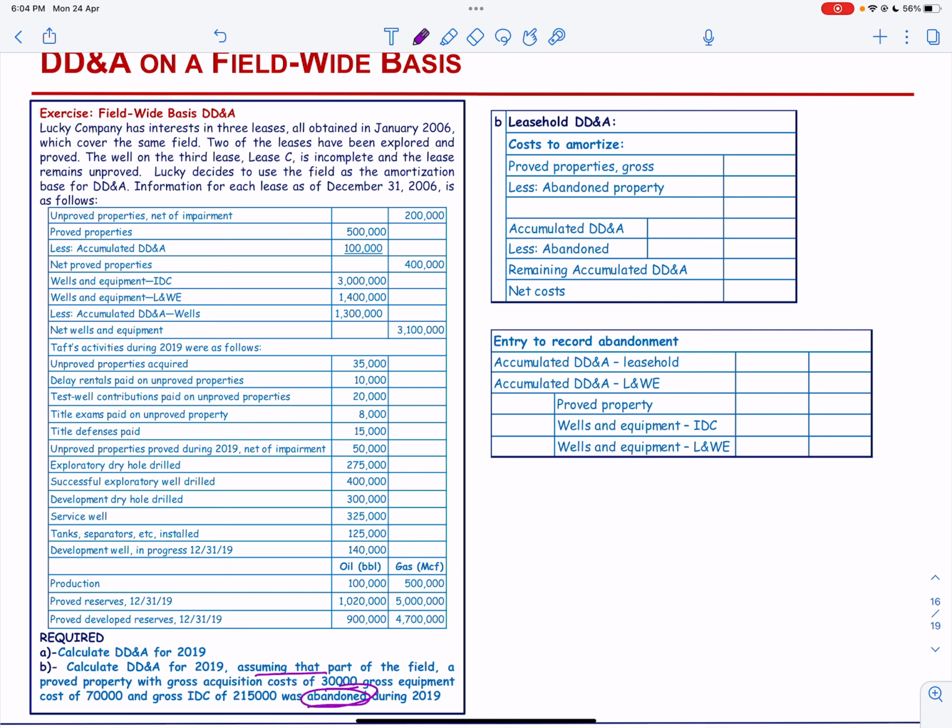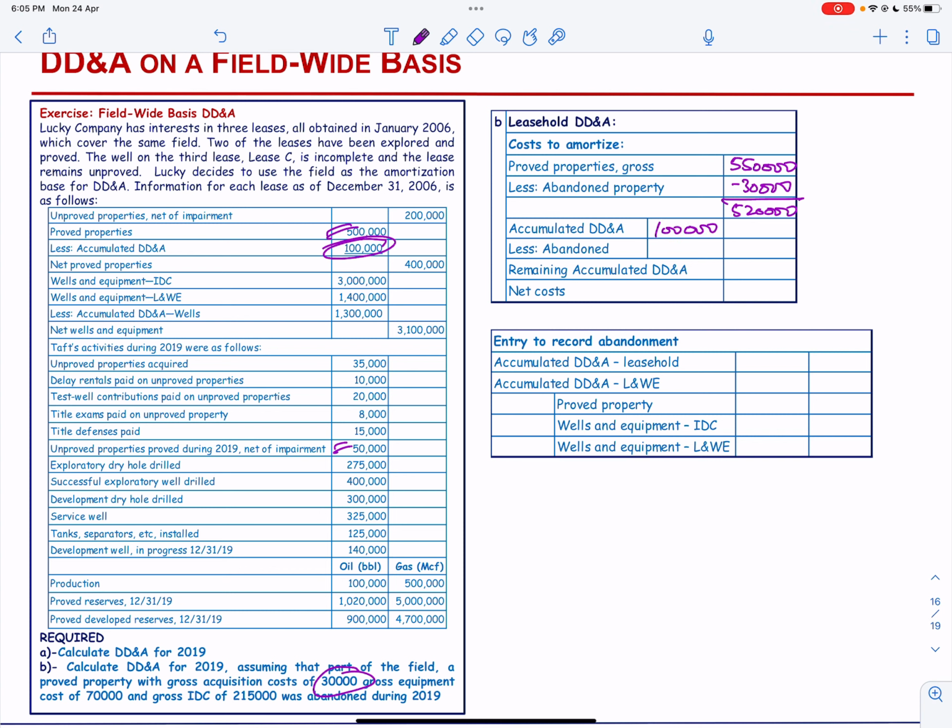Okay, so first of all we take the proved properties, that is gross, and the gross proved property is 500,000 plus 50,000, so that makes 550,000, and from this we have abandoned the properties for 30,000, so this has to be subtracted, so that gives us 520,000. Now accumulated depreciation is given to us as 100,000.